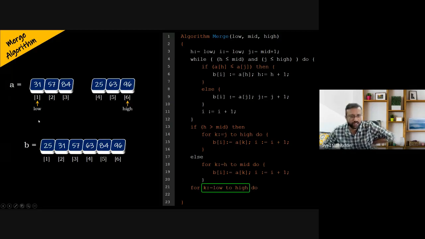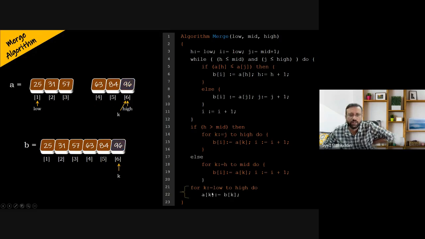K is initially pointing to index 1. For k equal to low to high, copy all the elements from B of k into A of k. Once this is done, we will have the entire thing in sorted fashion.